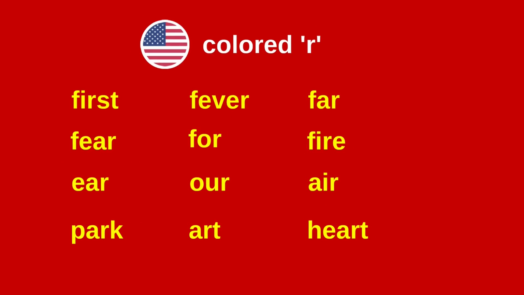Then we come to the hardest part of this segment, that is the colored R sound. In British English, you don't find this sound, but in American English, you find this colored R sound. Actually, this R is written. It doesn't matter whether it is British English or American English, you have that R letter in the word, but when you pronounce them in British English, they are silent, especially when you're reading them as single words.